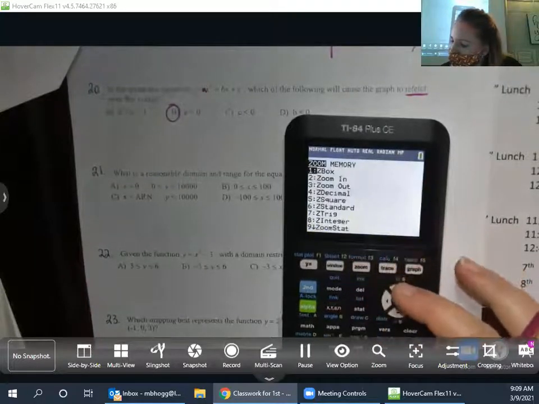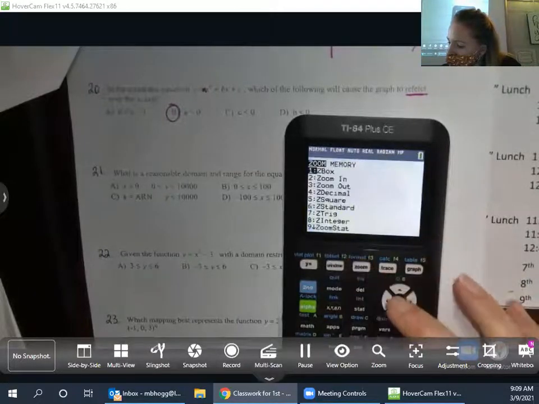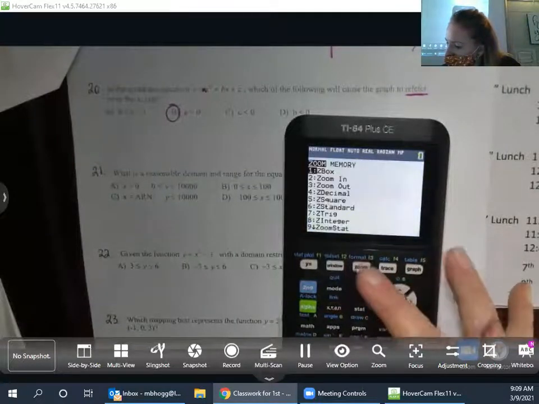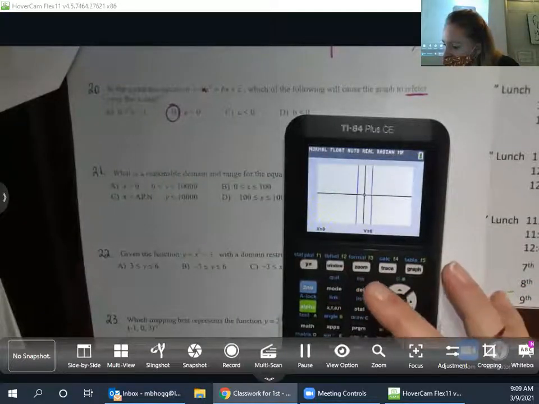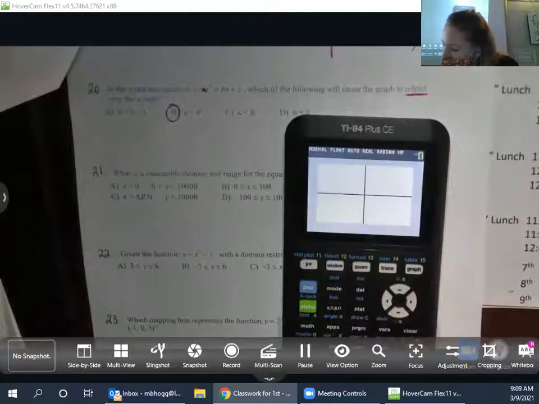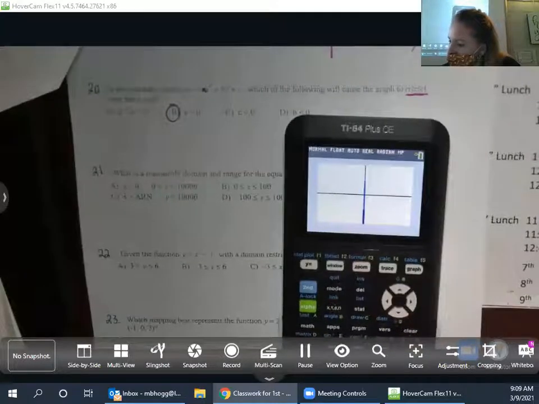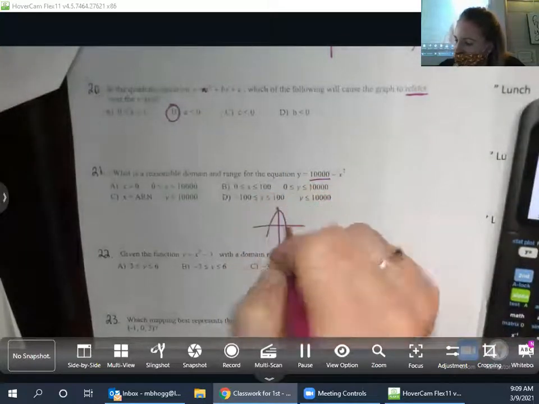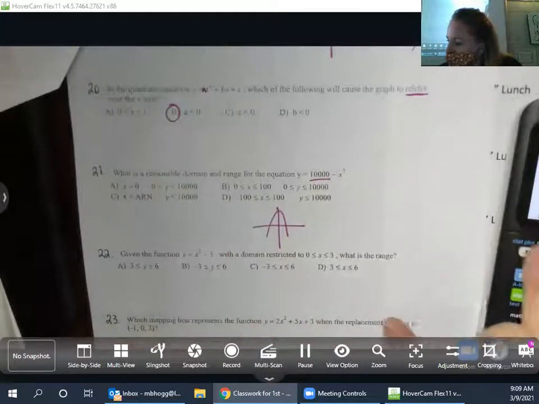Zoom. I keep having to zoom out because it's at 10,000. Okay, so what it's doing is it's looking like this. All right. I mean, super zoomed.